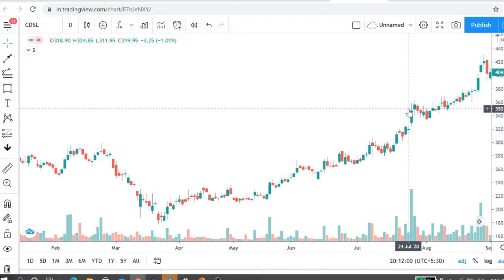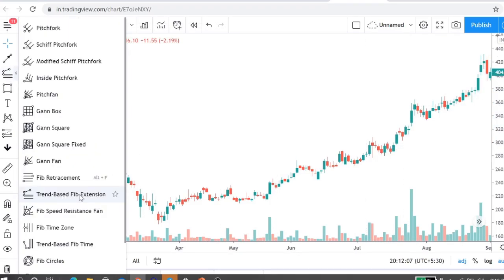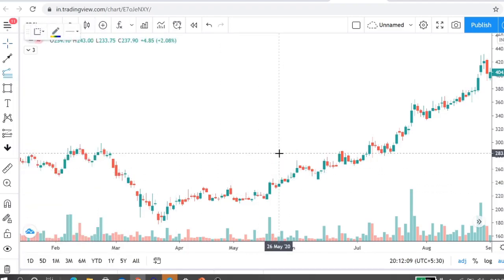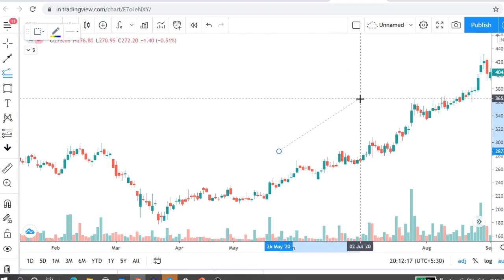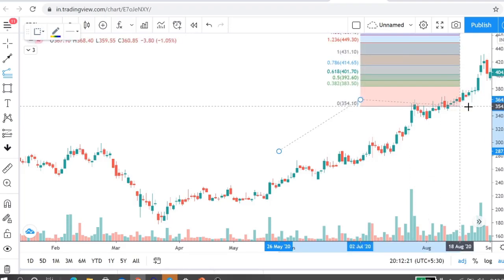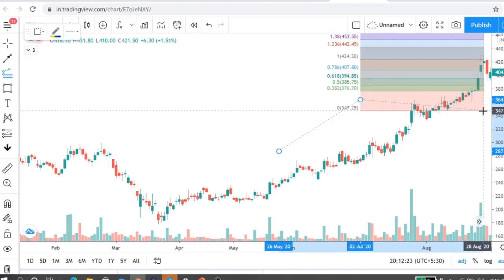So the other preferred method is you take the trend based Fibonacci extension. What you have to do is the first point you have to put is at the start of the flag pole. Then the second point is the end of the pole, and your third point should be at the breakout point, that is here.